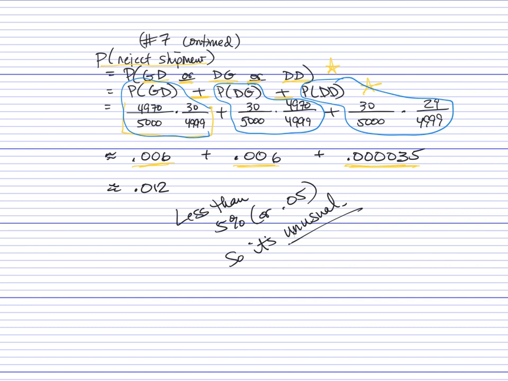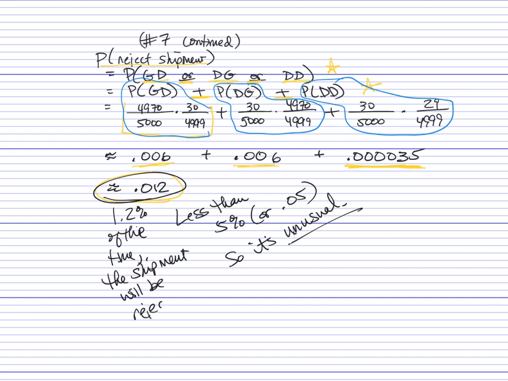Looked like that last one didn't amount to much, and so it ended up being the probability is 0.012, or 1.2% of the time the shipment will be rejected.